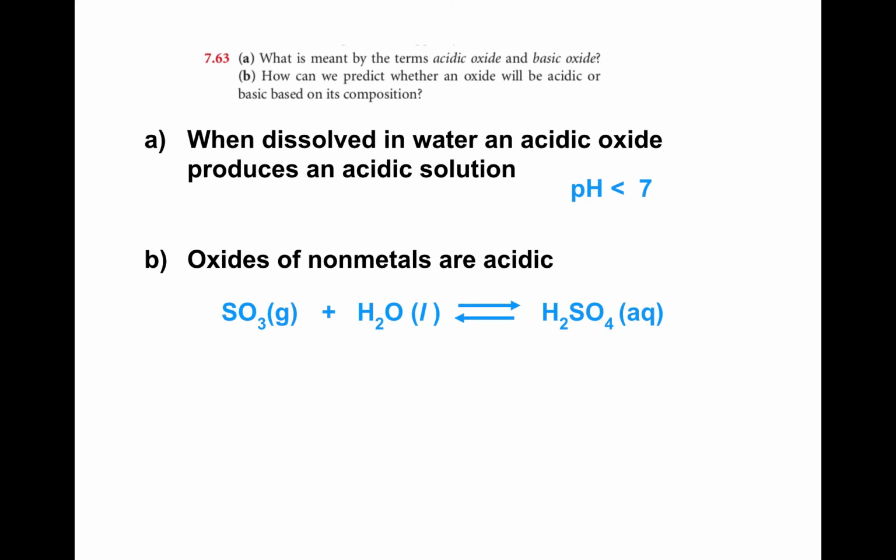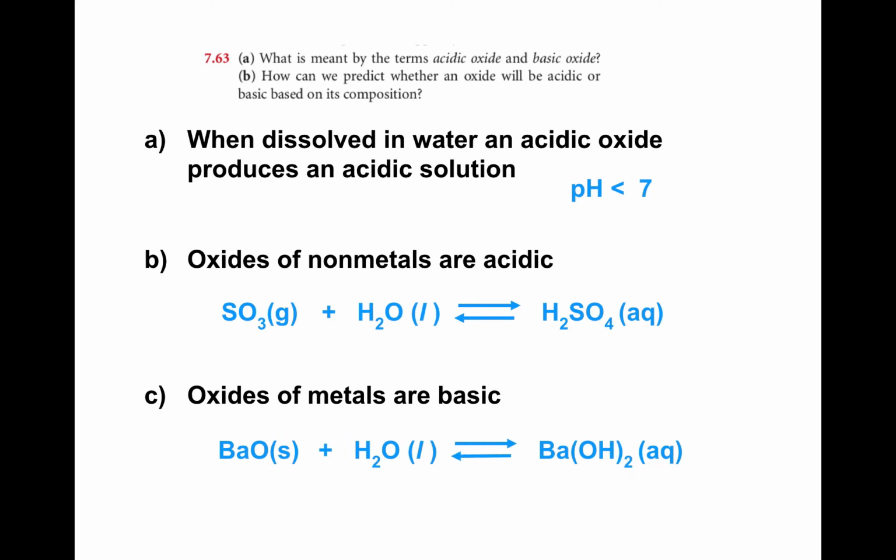So if I bubble sulfur trioxide gas into water, I'll make sulfuric acid. Metal oxides make hydroxides, right? So if I put an oxide, really barium is just a cation that accompanies oxide. Oxide is a stronger base than hydroxide, so you'll take an H off of that water to make two hydroxides. So nonmetal oxides make acids, metal oxides make hydroxides.